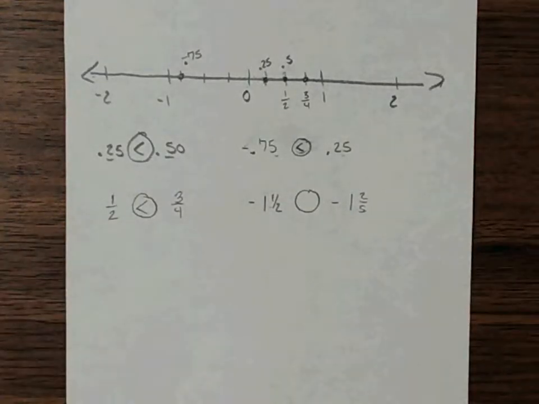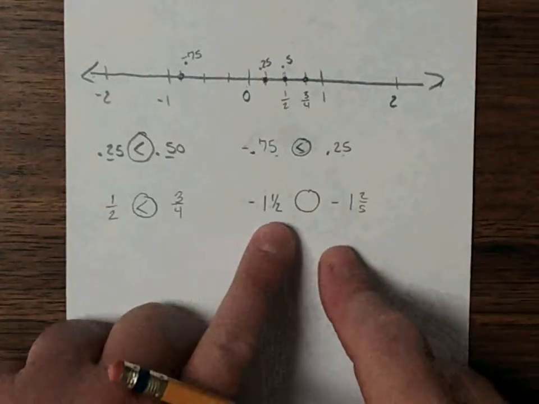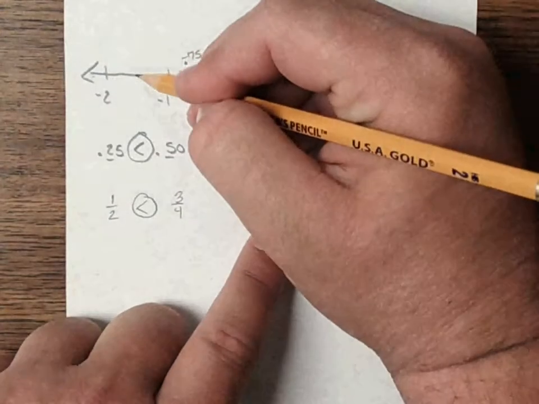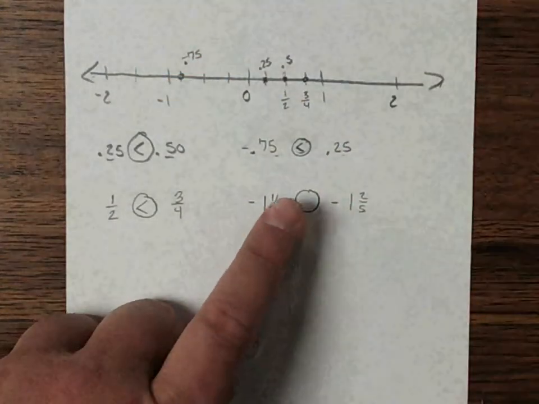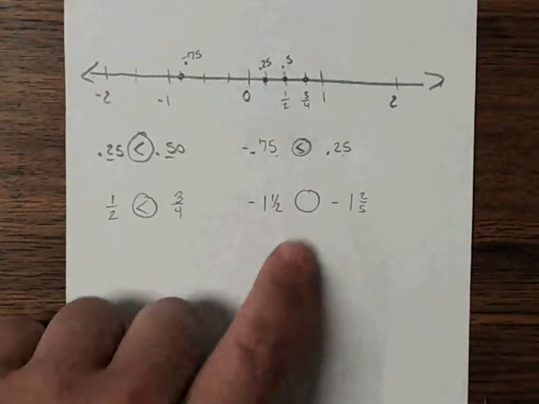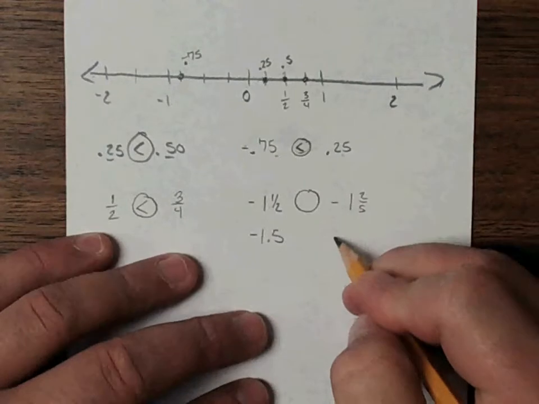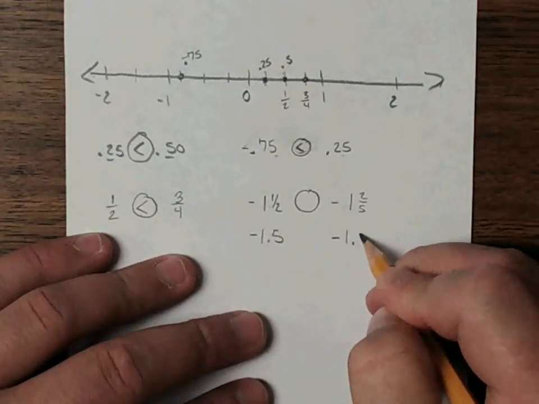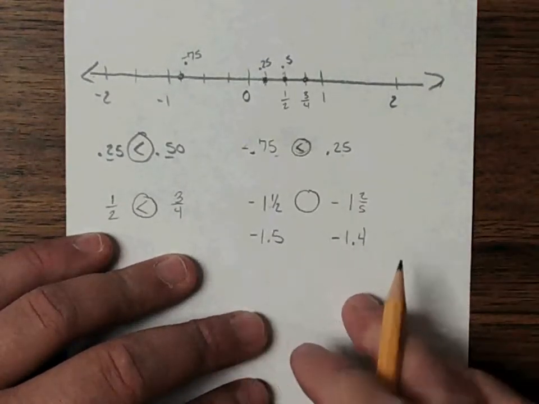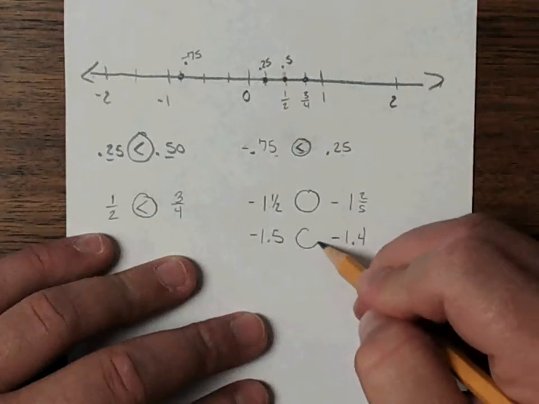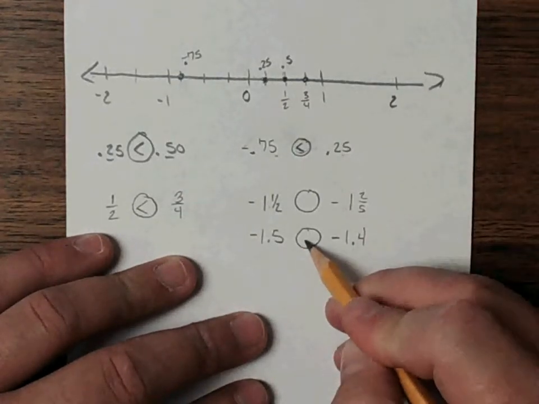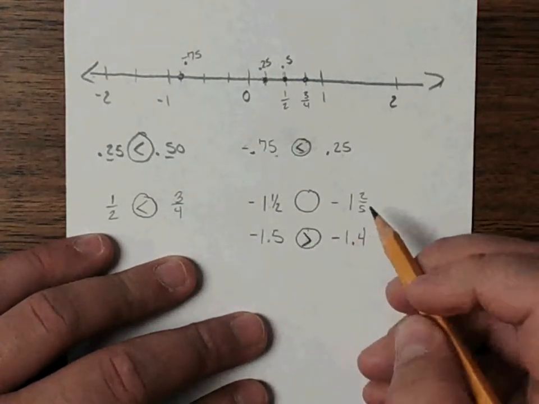Now here's one that is going to be hard because we're either breaking it into halves or fifths, so we really need to turn those into decimals. So that's going to be negative 1.5 and negative 1.4. Now that makes it much easier to compare, and I can compare those easily.